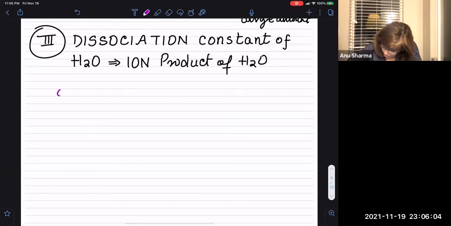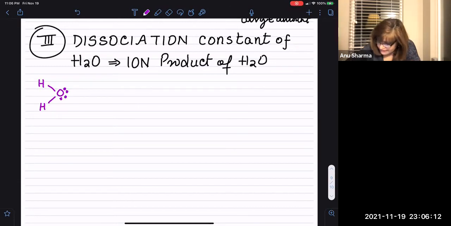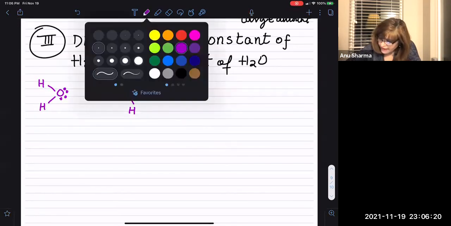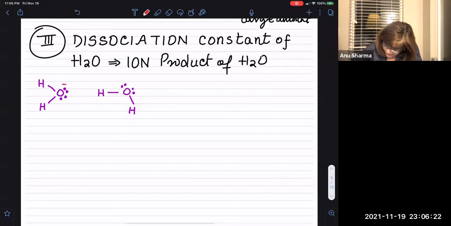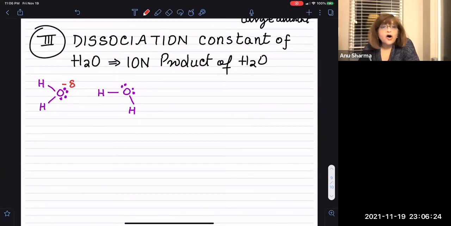Okay, so here's your water. One molecule of water is like this, and it has the lone pairs. This is reacting with this other molecule of water. So the molecules of water basically react with themselves, and this is happening all the time. So here's this water, oxygen, highly electronegative, delta negative charge.